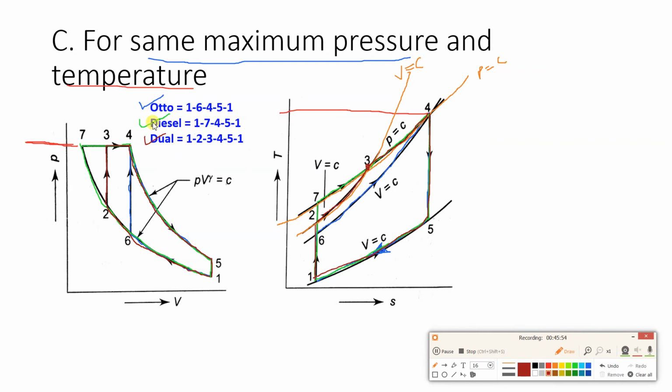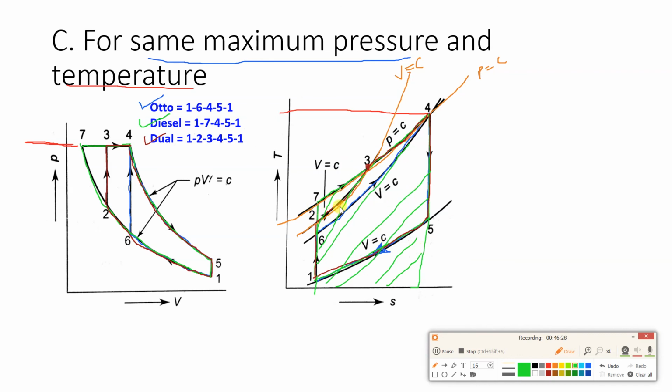In the case of this green cycle, 1, 7, 4, 5, you can clearly see the area under the heat supplied curve 7 to 4 is greatest. So this area is the area under 7 to 4. So heat supply is maximum in the case of the diesel cycle.